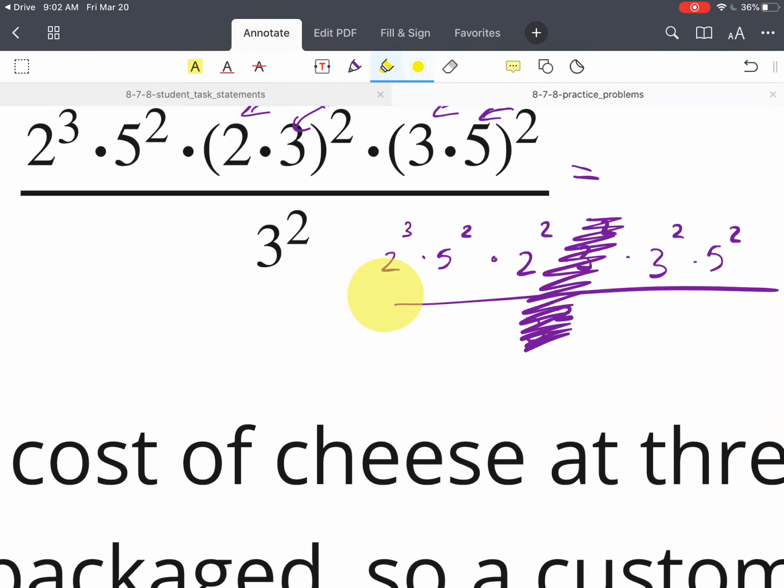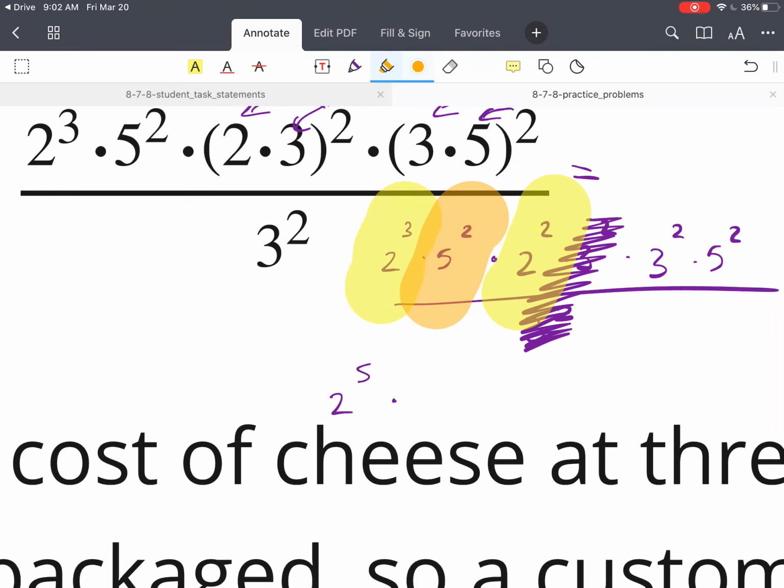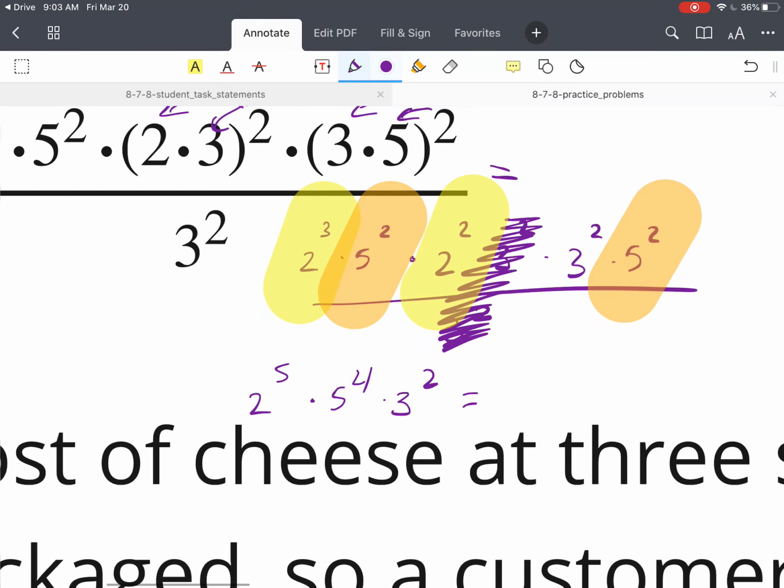So then, let's take a look at the 2s. Right, let me just erase that. 2 here, 2 here. So we can write this as 2 to the 5th times. Now let's look at the 5s. Okay. There's one more 2 than there is a 5.